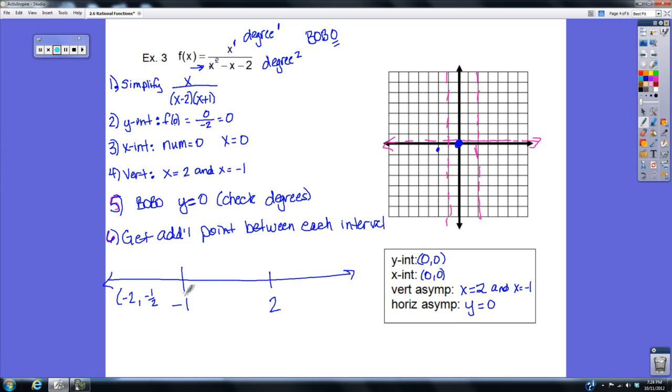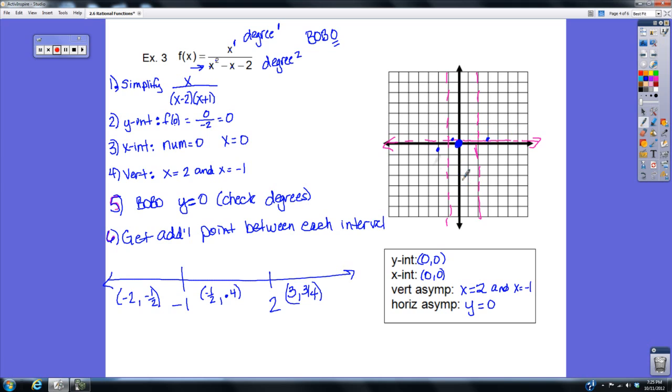In between -1 and 2, I chose -1/2, and that gave me the y value of 0.4. You can pick all kinds of x values that you want. To the right of 2, I chose 3, and I got 3/4.